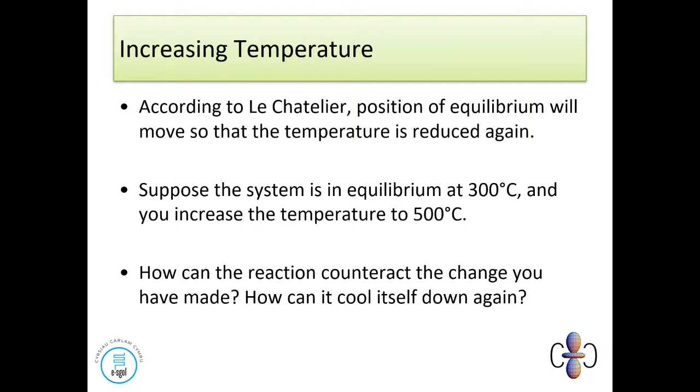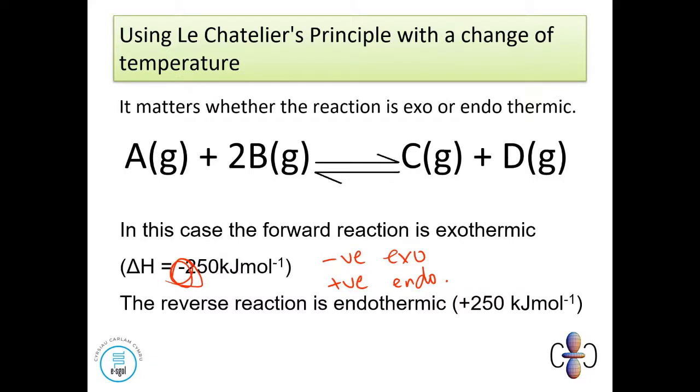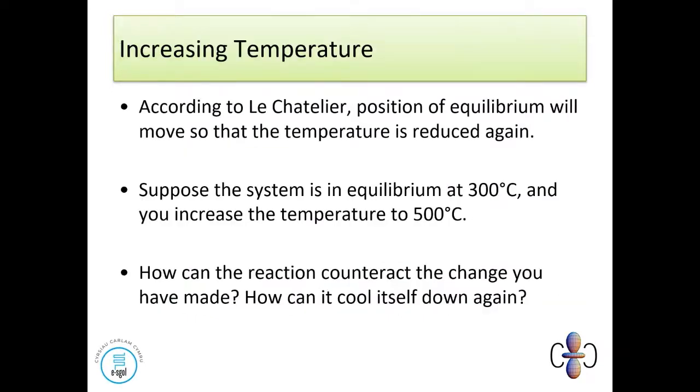Well, if the forward reaction, if I go back that slide, is overall exothermic, seen by the fact that it is a minus delta H, then forcing a high temperature on that system will make it go backwards. Because if forward is giving out the energy, then going in reverse will absorb it again.